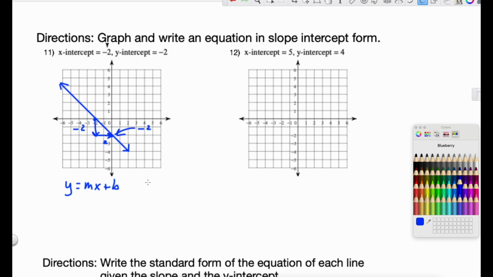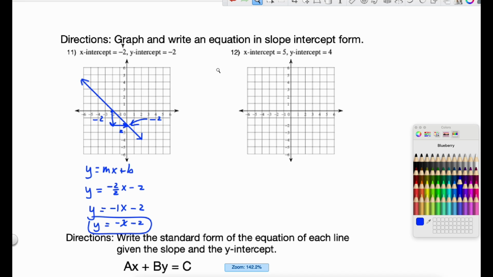So my slope is -2 over 2, x plus -2, or just -2. This is my equation, but -2 over 2 simplifies. I can write this as -1x minus 2, or even if I just want to say y equals -x minus 2, this is my slope-intercept equation. Okay?